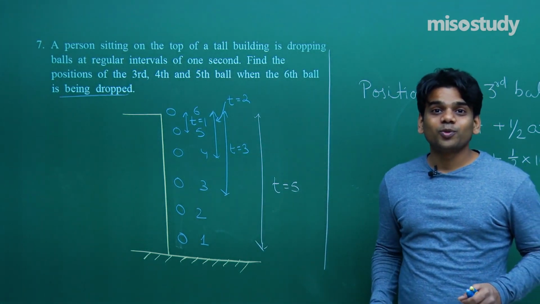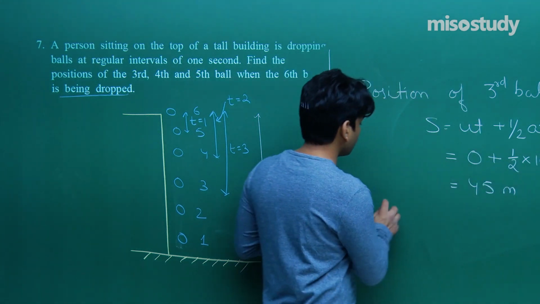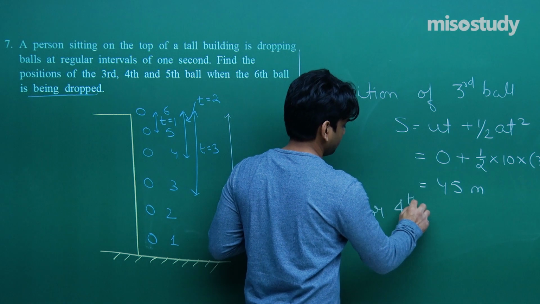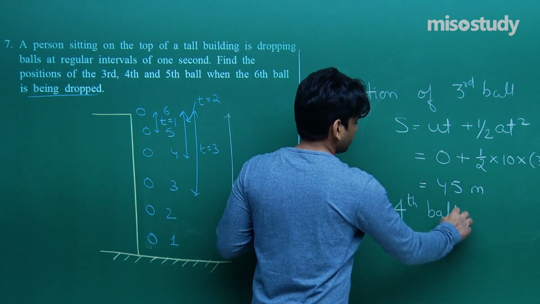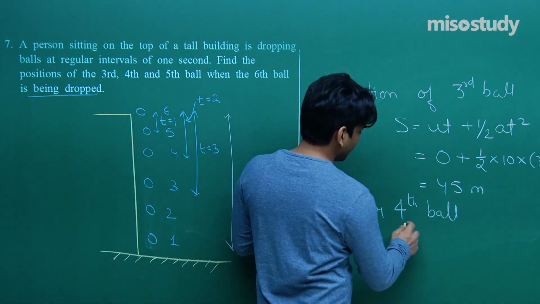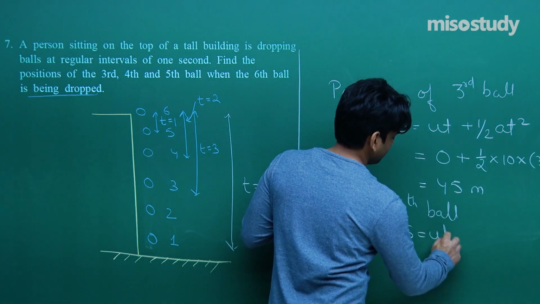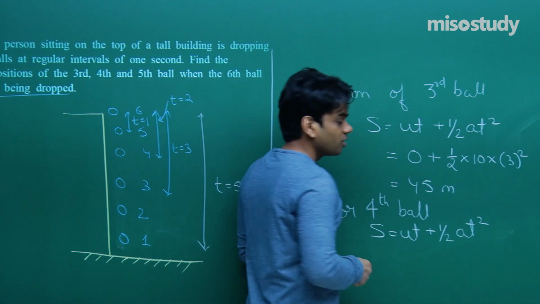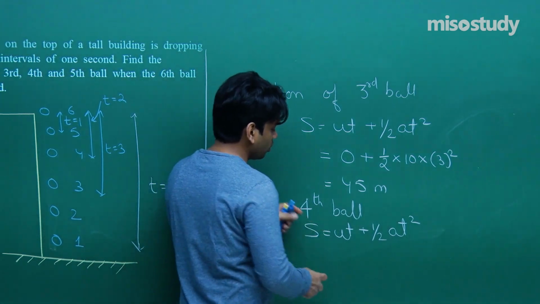Similarly, you can find the position of the fourth ball. For the fourth ball, use S equal to ut plus half at square. The only thing you have to see is u is 0, so half at square.